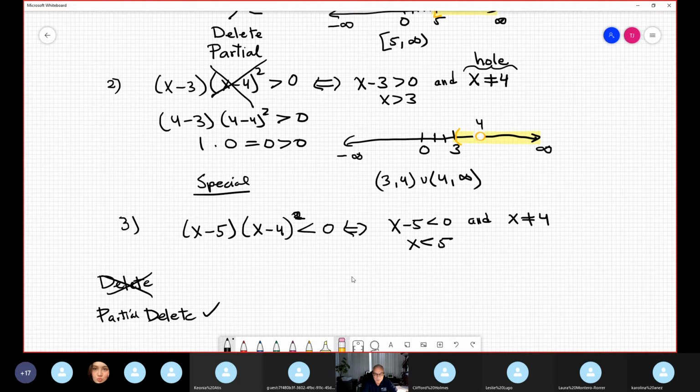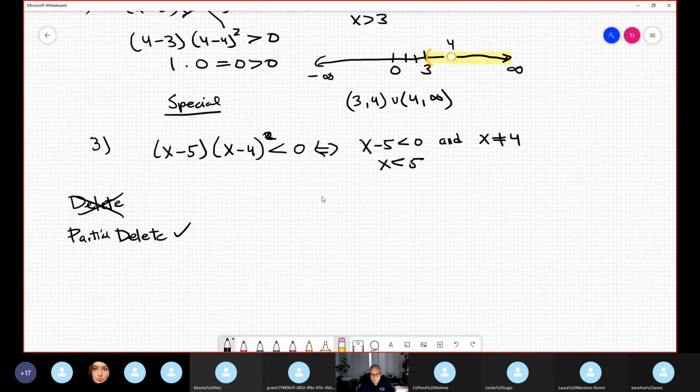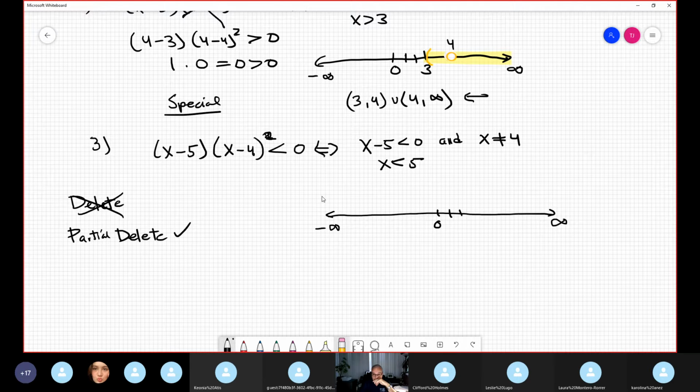Well, but the professor wants the answer in interval notation, like that. So to understand it much better, I create my number line. 0 here, 1, 2, 3, 4, and 5. And 5 is to the left because it's less than.